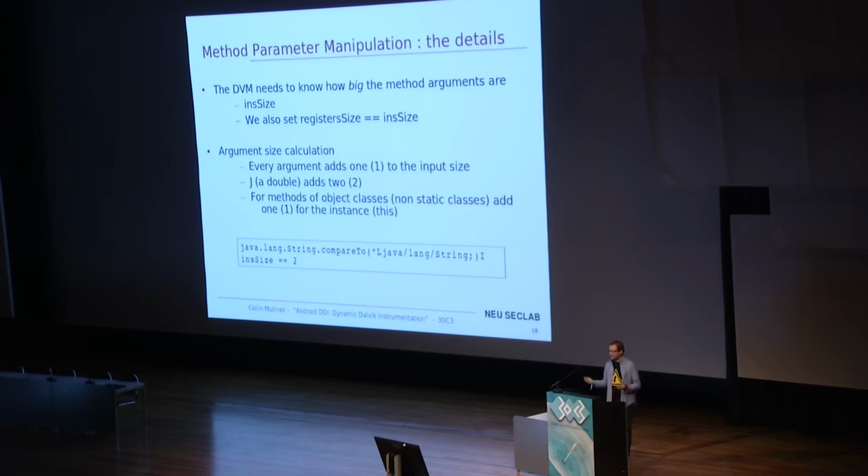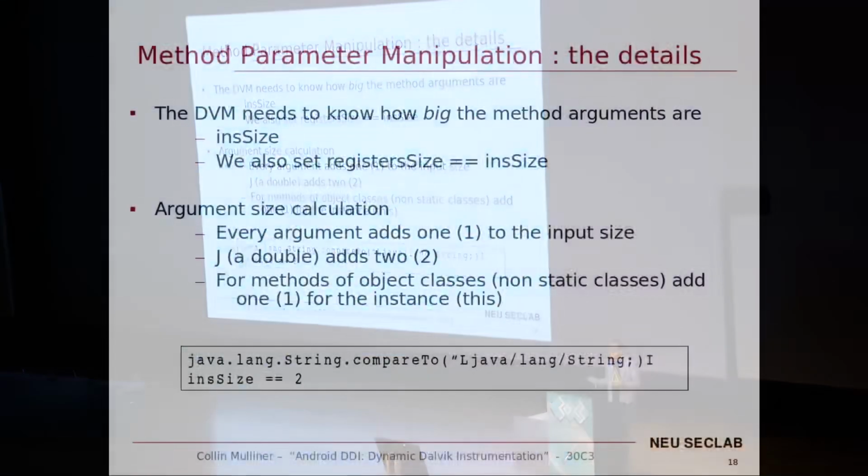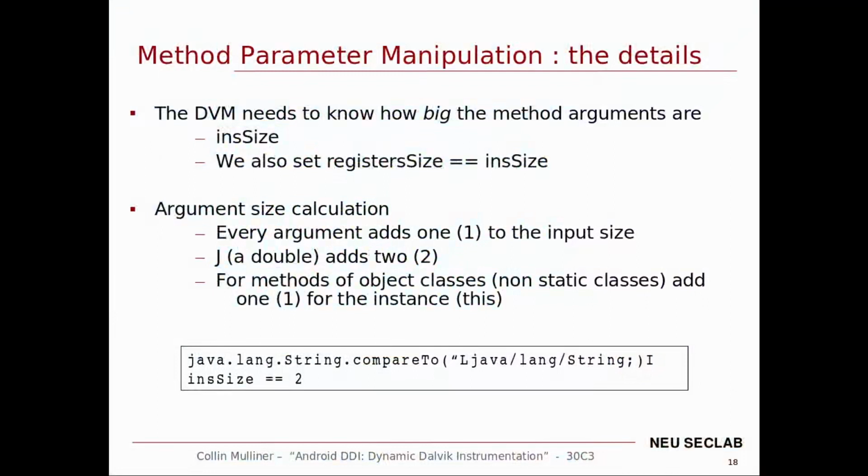We need to modify a few settings of this method. Most specific is the register size and the argument count. Depending on what kind of argument you pass to the method, you have to give it a number of arguments you want to pass, a register size.